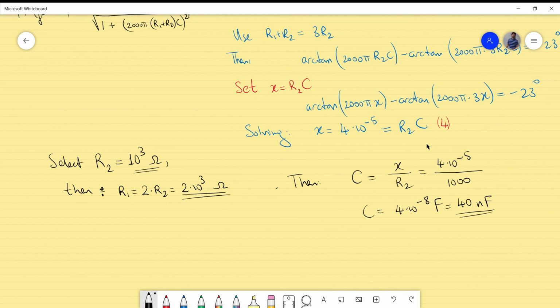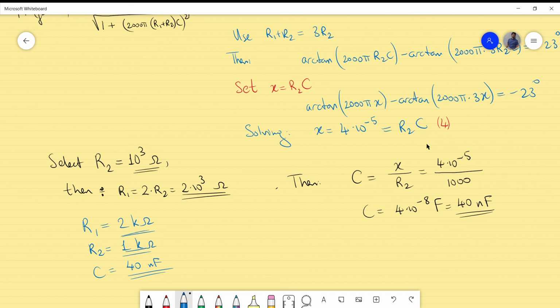So I have now four parameters already calculated. One, of course, chosen, R2, and the rest calculated. So R1 will be 2 kilo ohms, R2 will be 1 kilo ohm, just a summary here, and C will be 40 nanofarads. And that actually concludes this design example.